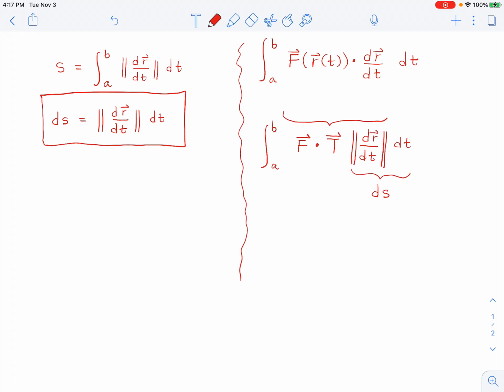And this guy here is just the component of F in the direction of motion.